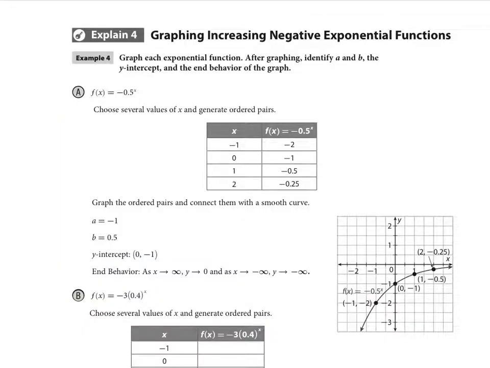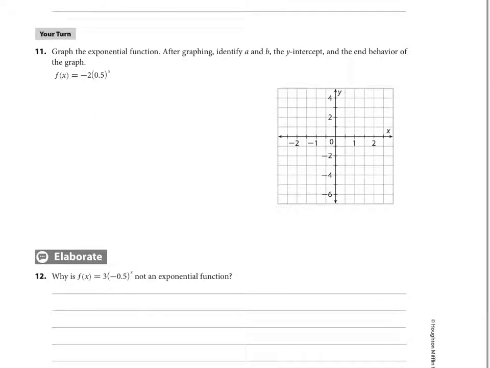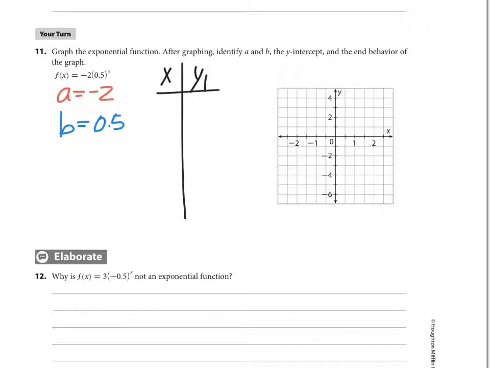Alright, let's go to this problem here. So, same exact thing. A here is -2. B, 0.5. So it's a decreasing function, but the negative is going to flip it over the x-axis. So we'll see what happens here. So x, y, still picking the same values.